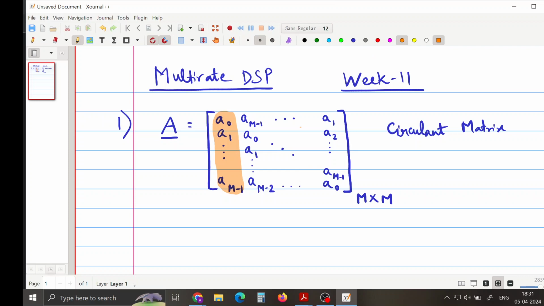The rest of the columns depend on the first column. So once you have the first column, you can automatically generate the rest of the columns from that. So the observation is that this first column can be arbitrary, which is true. So that was our option A. So option A is true.